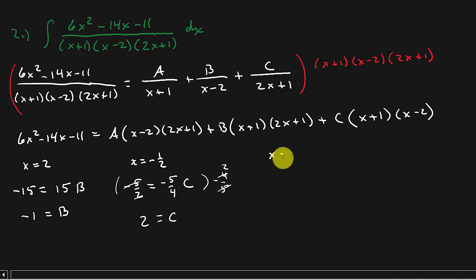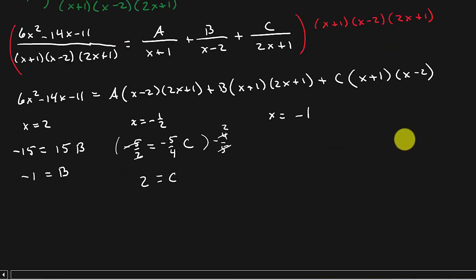And then I'm going to let x equal negative 1. So when I plug the negative 1 in, that's going to give me 6 plus 14 minus 11.